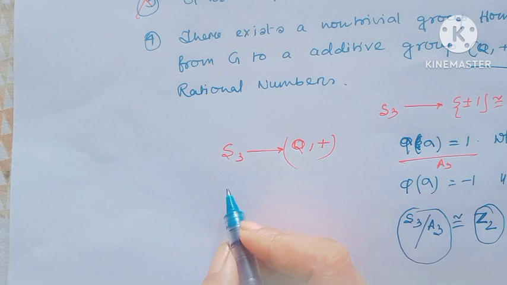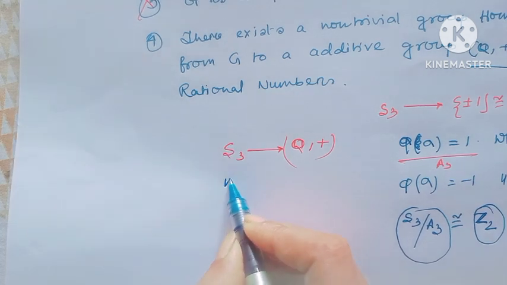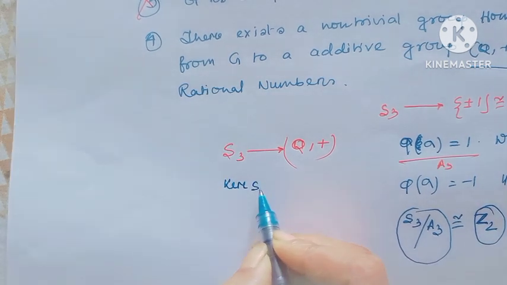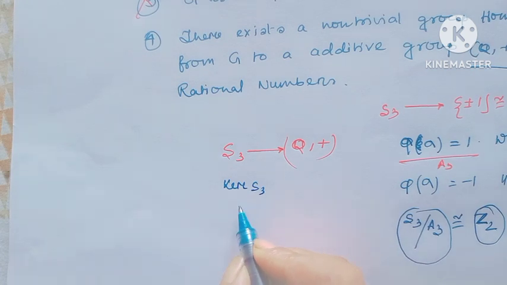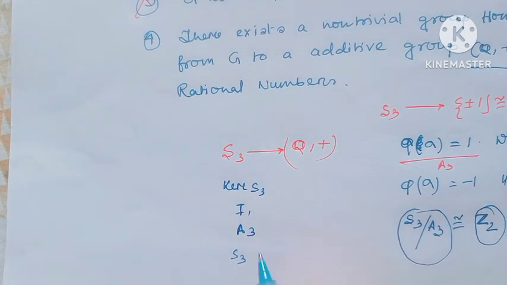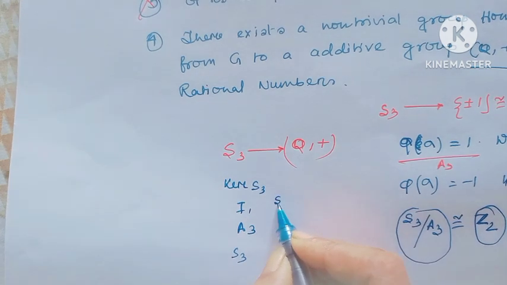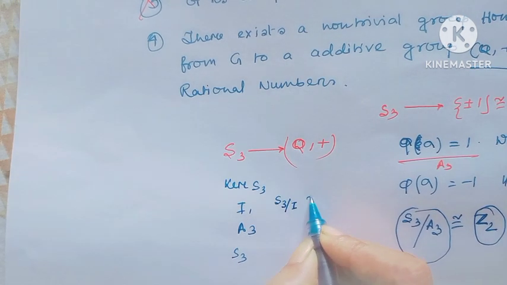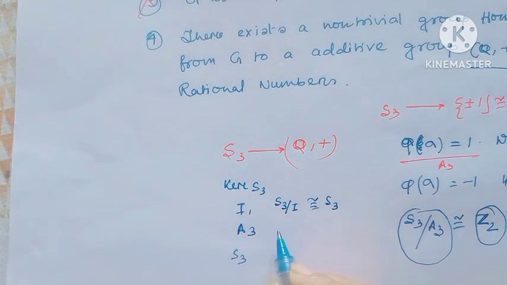Notice, we all know that by homomorphism, the kernels of S3 are the identity, then A3 and S3. By factor rules, S3 modulo identity is isomorphic to S3.